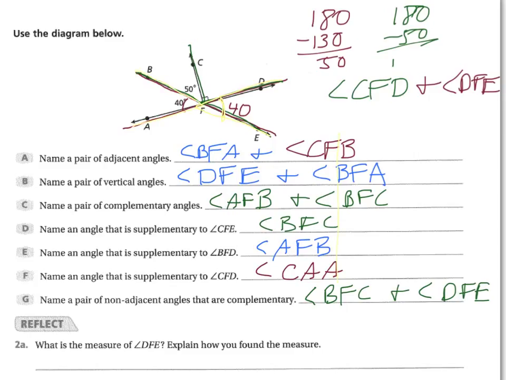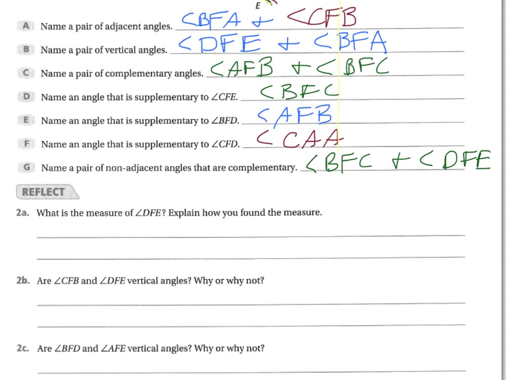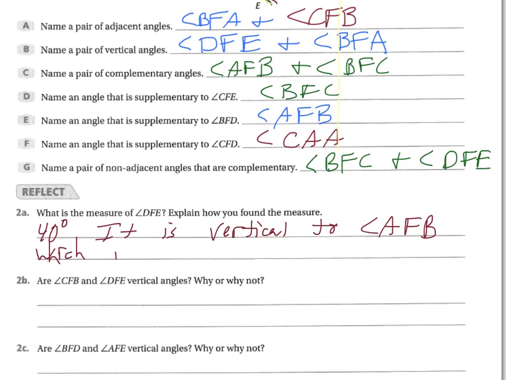So my answer, I would say, we said 40 degrees, and my answer would be it is vertical to angle AFB, which makes them congruent.